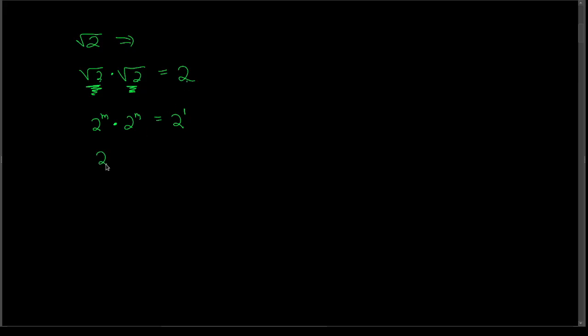And so our rule of exponents says I have 2^m times 2^m equals 2^1, or 2 to the 2m equals 2^1. These exponents have to be equal, and m equals 1/2. And so we get this equivalence that root 2 is equal to 2 to the 1/2.